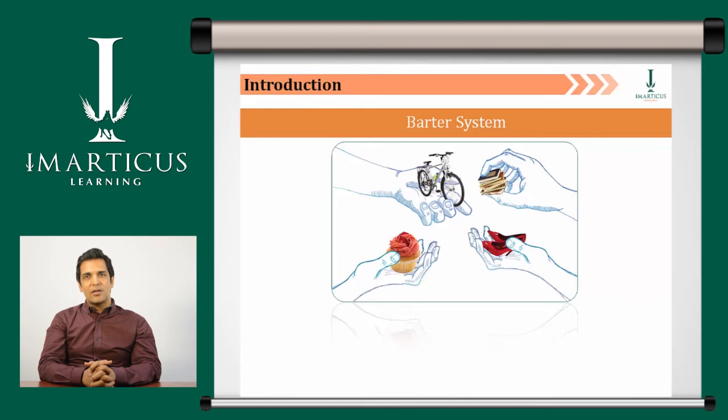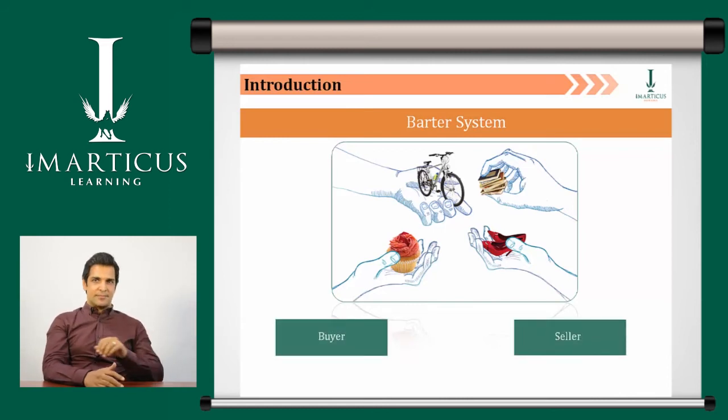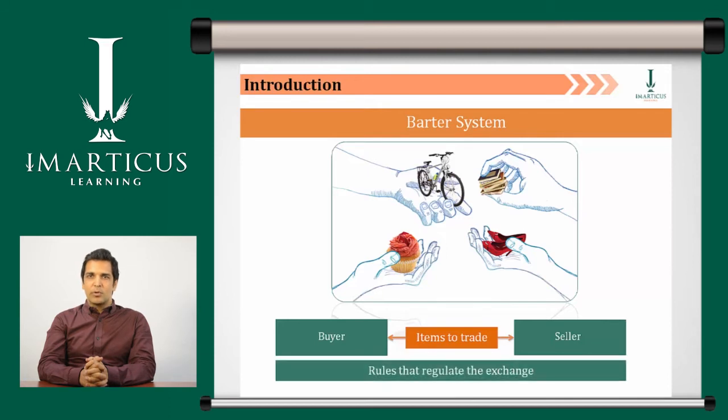So, what are the key components in this system? Here you have a buyer and a seller. Items that are in demand that can be traded, and you have some unspoken rules around the system. For instance, it is assumed that the items traded are roughly of the same monetary or perceived value.